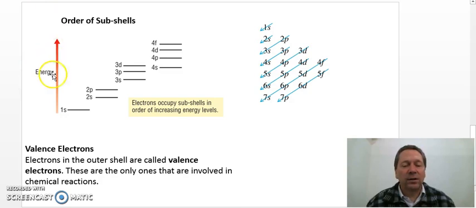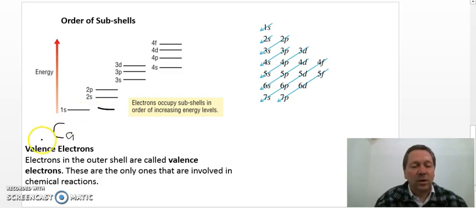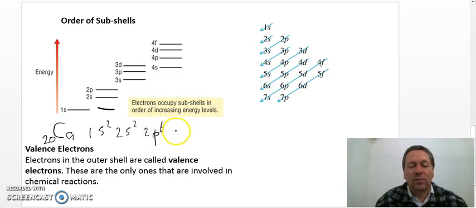So for example, if I needed to do the electronic configuration of calcium, let's see. Calcium has 20 protons. So the electronic configuration is going to be 1s2, 2s2, 2p6, 3s2.